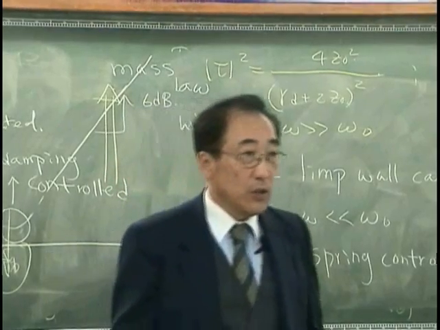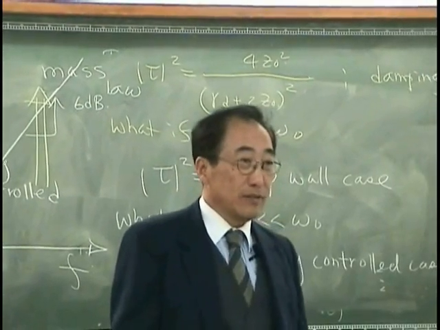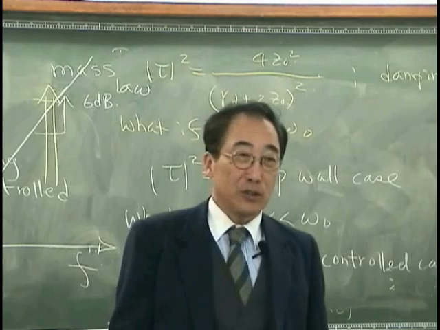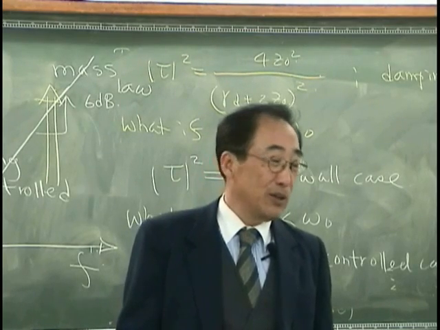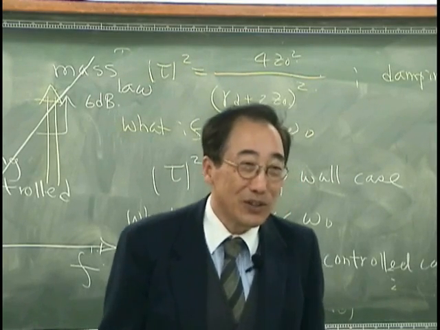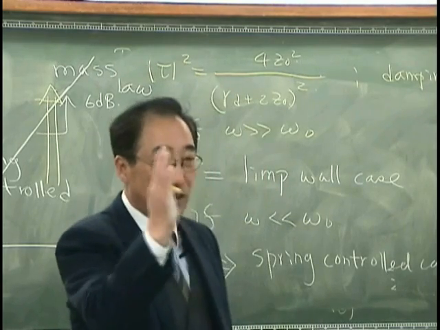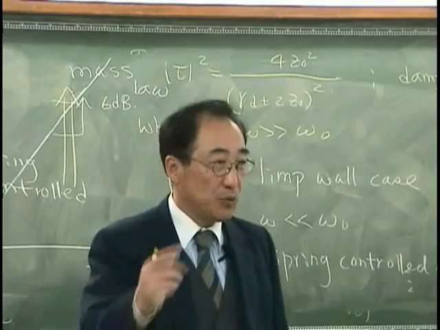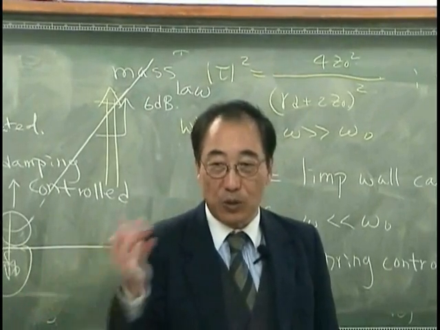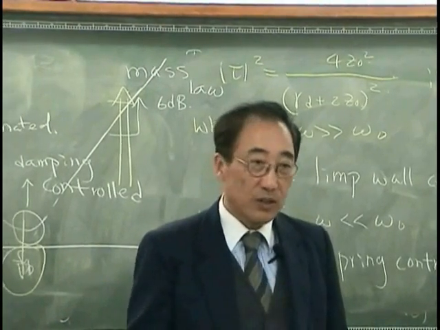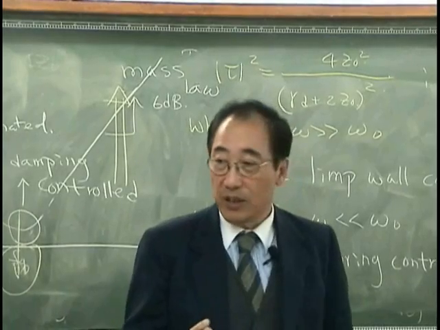So as a conclusion, what is our conclusion? The mass law is so wonderful. How to use the mass law? What is the frequency that determines whether or not we can use the mass law or the stiffness law? It's the natural frequency of the partition.